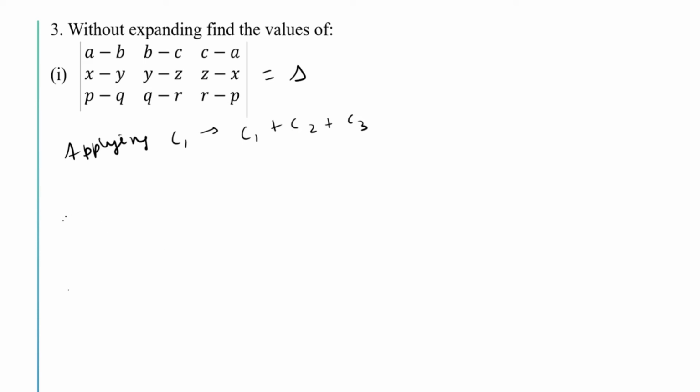So we have delta is equal to A minus B plus B minus C plus C minus A. C2 and C3 remains the same, B minus C, C minus A. Then here it will be x minus y plus y minus z plus z minus x.